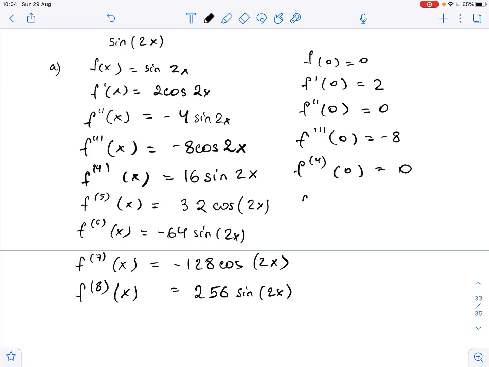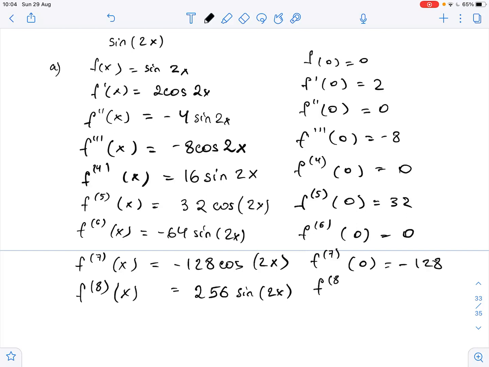The fourth order derivative of f of 0 equals 0. The fifth order derivative of f of 0 equals 32. The sixth order derivative of f of 0 equals 0. And the seventh order derivative of f of 0 equals negative 128. And the eighth order derivative of f of 0 equals 0.